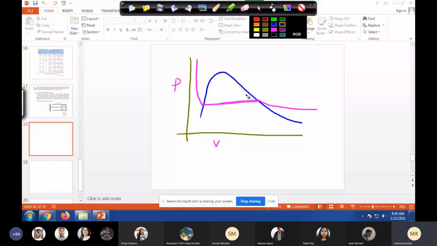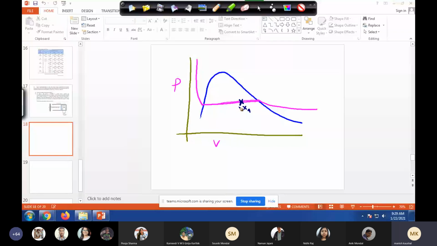And let's say this is some quality x A. So when you go along, can you find out the constant quality line?